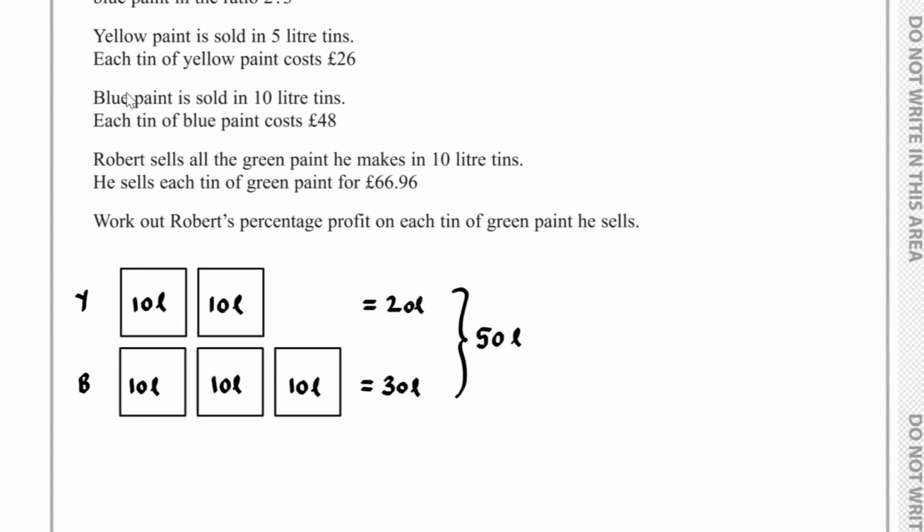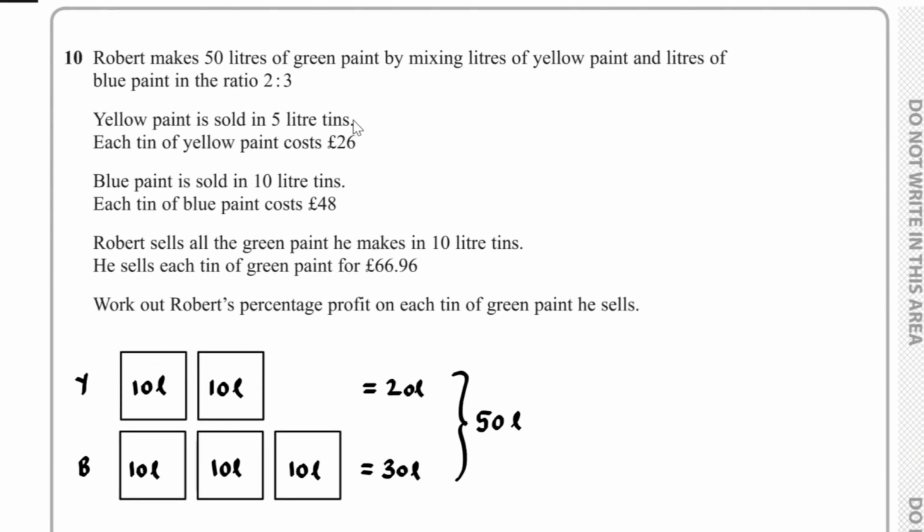Now we know that yellow paint is sold in 5 litre tins and blue paint is sold in 10 litre tins. So what we can do is find out how many tins of yellow we have and how many tins of blue we have, and then we can find out the cost of yellow tins and blue tins because we are given the price.